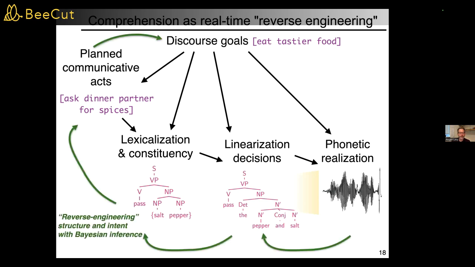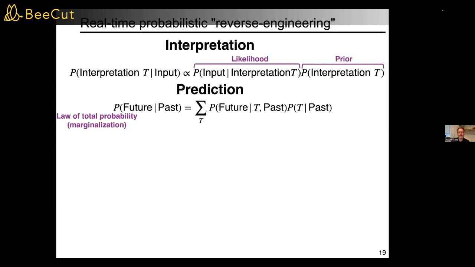The comprehender's goal is to reverse engineer this process that led to the sounds or the signs that they got in, and they reverse engineer the likely structure and intent of that message, of that signal. And the optimal way of doing this, according to probability theory, is through Bayesian inference. This leads to, for example, for incrementality, two crucial equations.